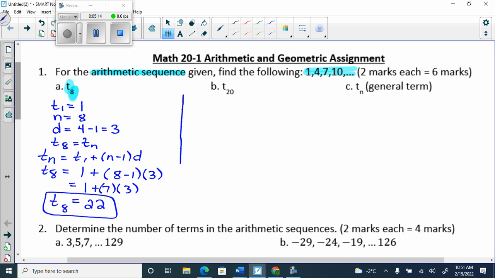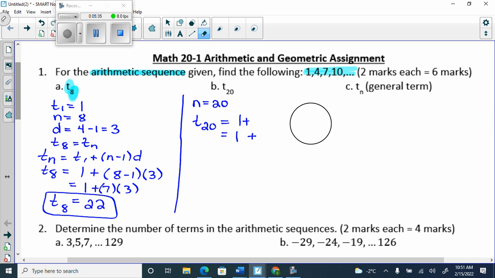T20. The only thing that changed here is n is 20. So we're going to do T20 equals T1, which is 1, plus 8 minus 1 times 3. So we get 1 plus 7 times 3, which is, oh my goodness, I put an 8 in. I followed the previous one. 20 minus 1, 19. I'm just erasing it. N minus 1, so 19.